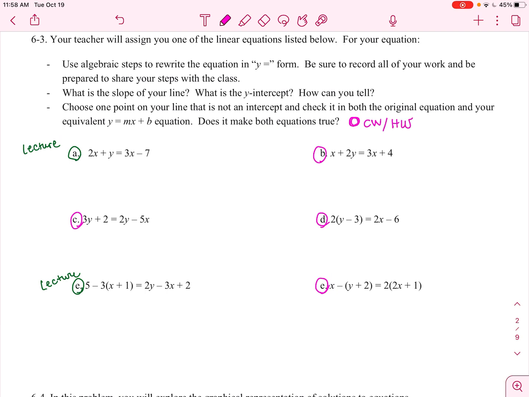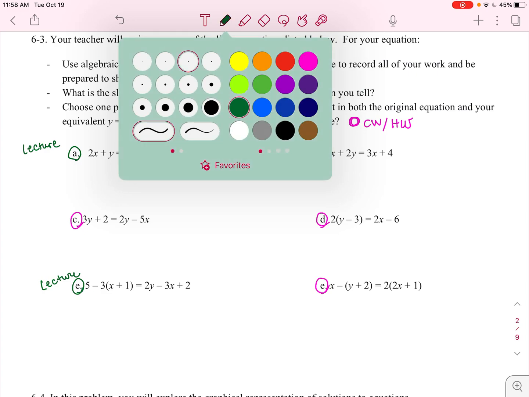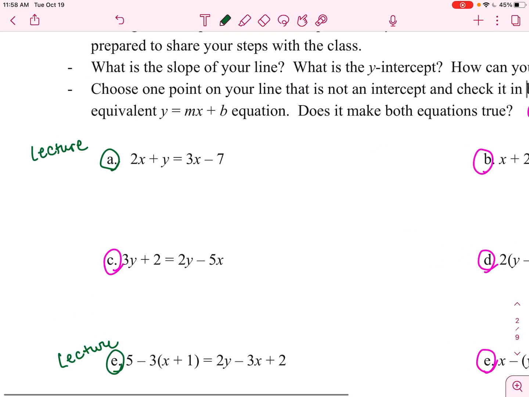Let's go ahead and do problem A. Well, we want y by itself. So let's subtract 2x from both sides of the equation. Well, we get y equals, there's already an x on the other side of the equation. In fact, it's a 3x. So I'm going to do 3x minus 2x to get 1x minus 7.